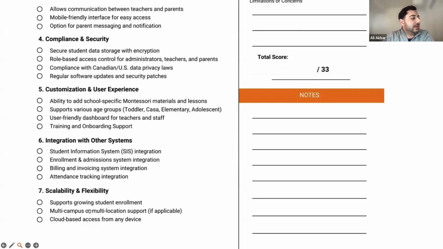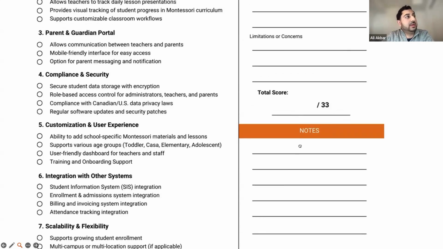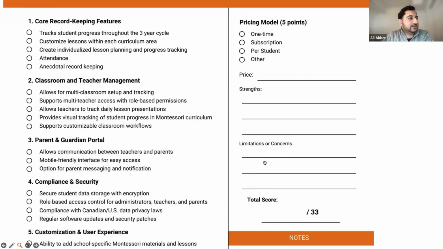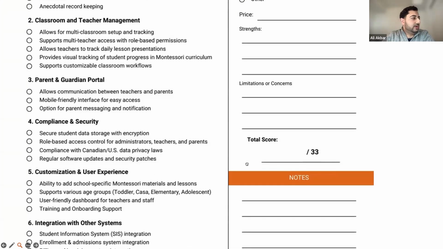And scalability, if you're planning to have this at multiple schools, if you want it to be cloud-based storage versus on-premise, and if you want it to be able to support your school as it grows, will it be able to? We'll come back to the pricing, and we'll even come back to the strengths and the total score.